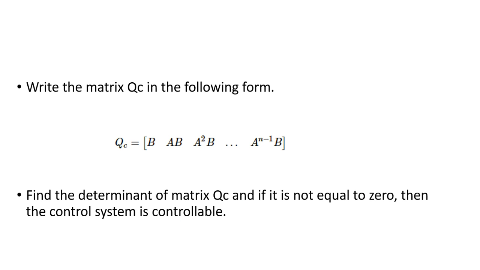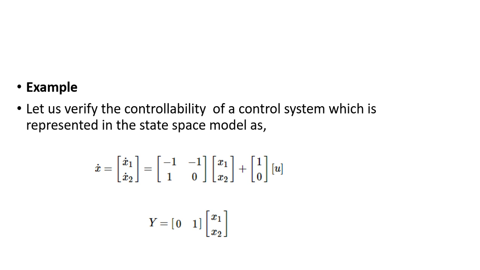So let's see one example. This example is given over here: x dot is given and y is given. Let us verify the controllability of a control system represented in the state space model as follows. This is a real example of a state space model. x dot is given, y is given over here.